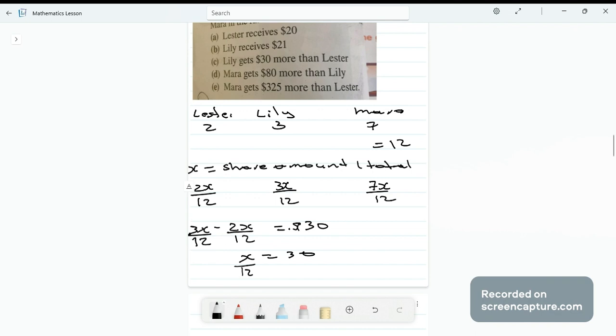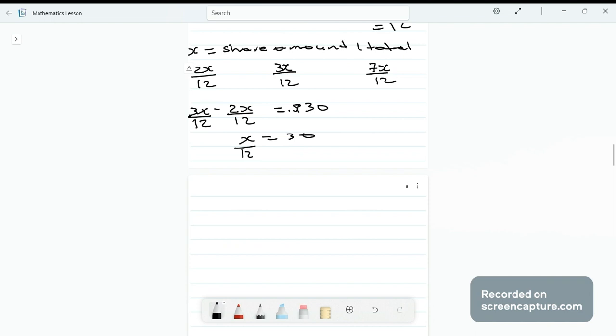We don't get rid of the denominator just yet. You can put a 1 underneath the 30 to make it like a fraction. Do a cross multiplication: 1 times X gives us X, and 12 times 30 gives us 360.